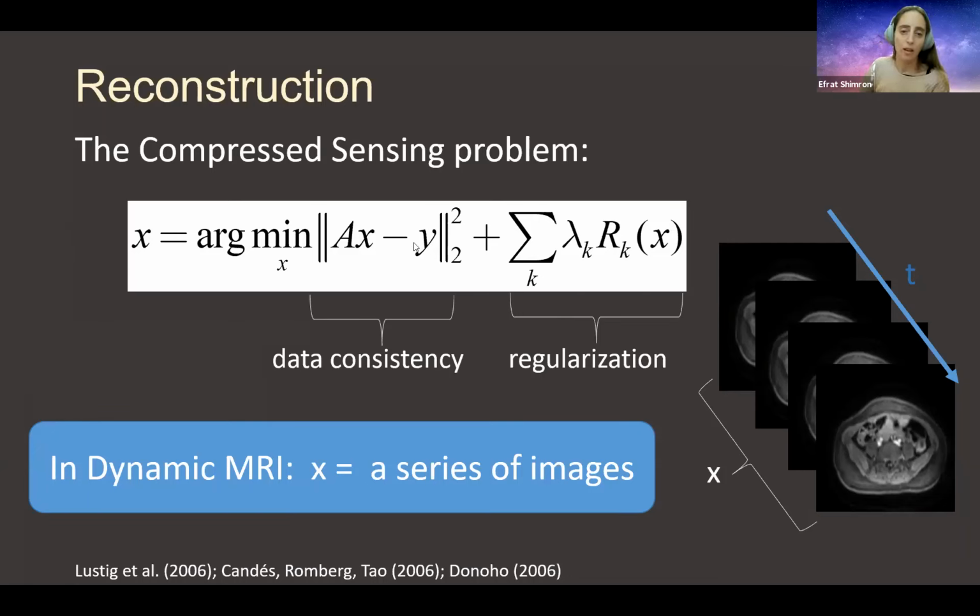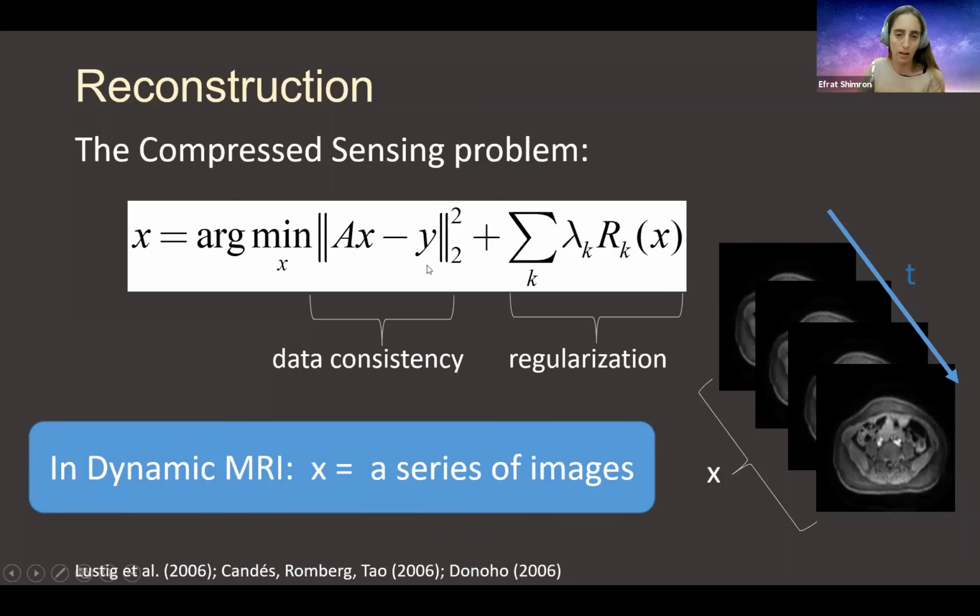So we have X and Y, and A is the forward model of our imaging system. It usually includes the sensitivity maps of the coils and the forward Fourier transform operator. So we want to minimize an objective function that consists of these two terms, where the data consistency maintains the fidelity of the data to the measurements, and the regularization term enables us to use some a priori knowledge about our data.